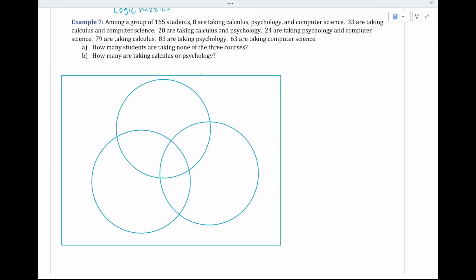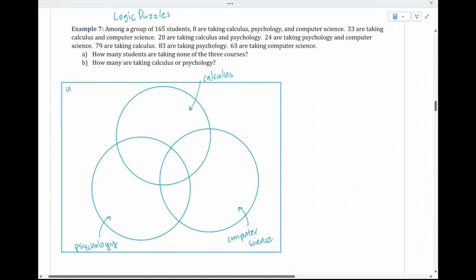So this first circle, we're going to let that one be calculus. This one is going to be computer science. And this one is going to be psychology.